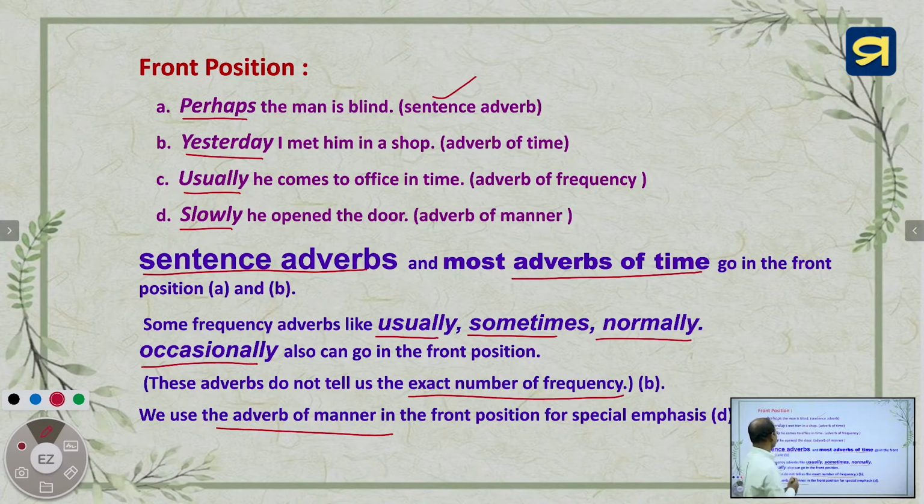Here you can see, slowly he opened the door. Do you understand? Here some emphasis is given, that's why it is used in the front position, being an adverb of manner.